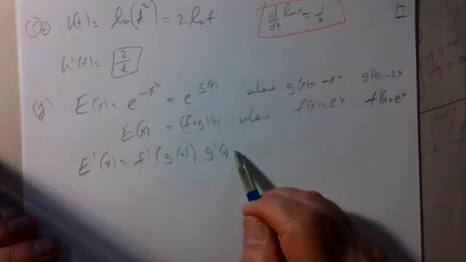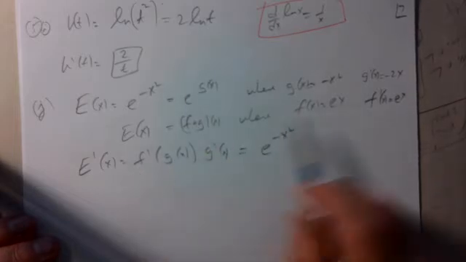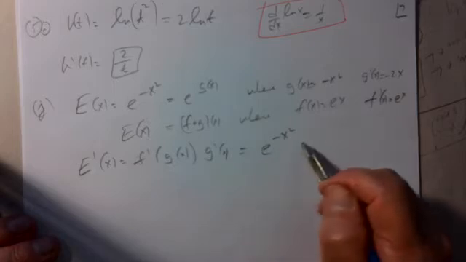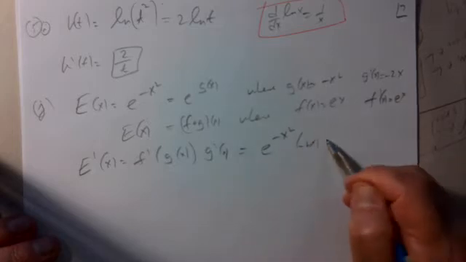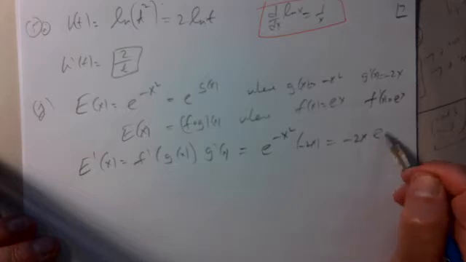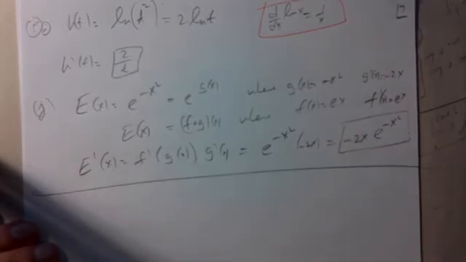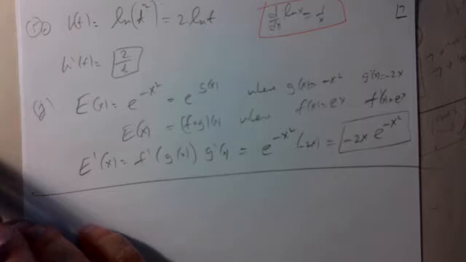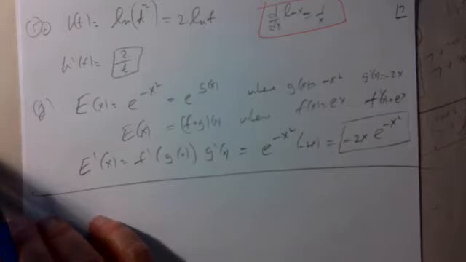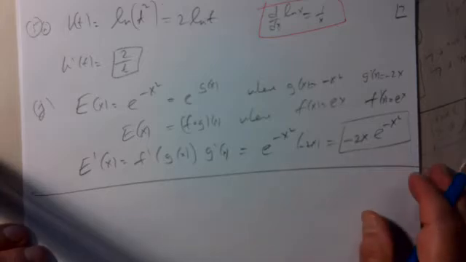So this is f prime of g of x, that's e to the g of x, or e to the minus x squared, times g prime of x, times minus 2x. Or it looks better if you write it in the opposite order, minus 2x e to the minus x squared. Yeah, that's what it is.